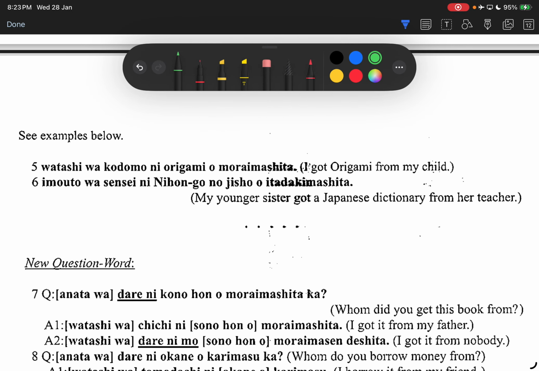Okay, so example 5, number 5. 私は子供に折り紙をもらいました。So 子供に means from a child, right? From a child you receive origami. Child, what respect? Only respect when you are the one of higher status, right?